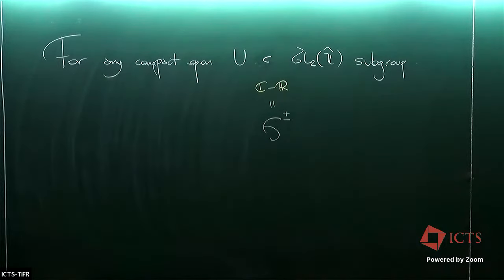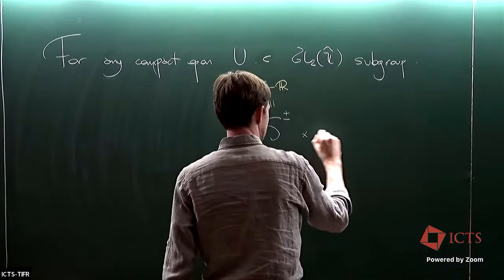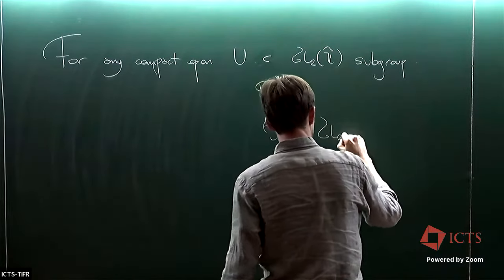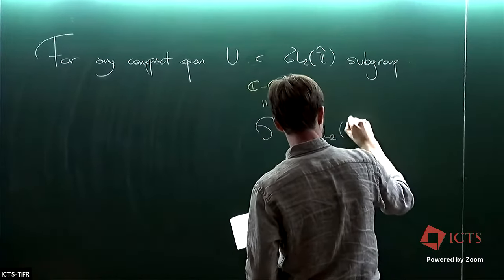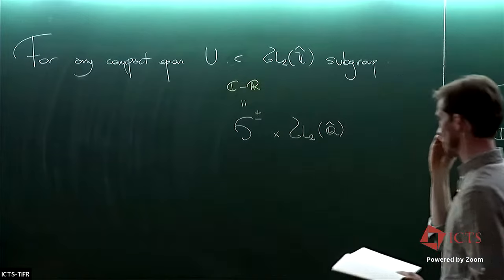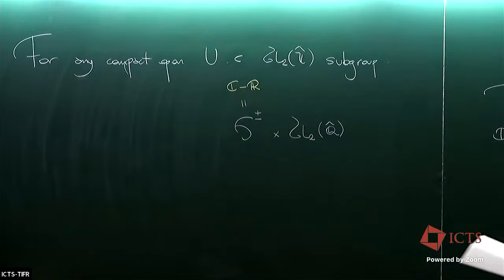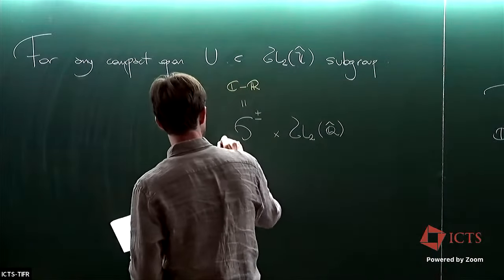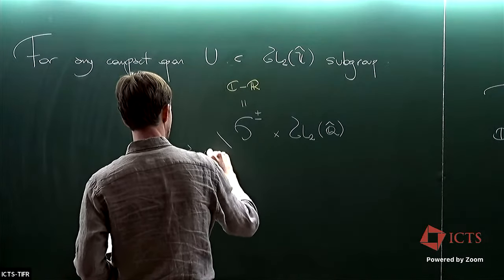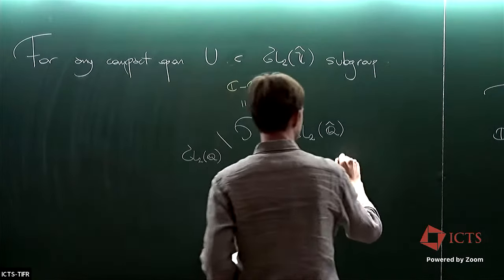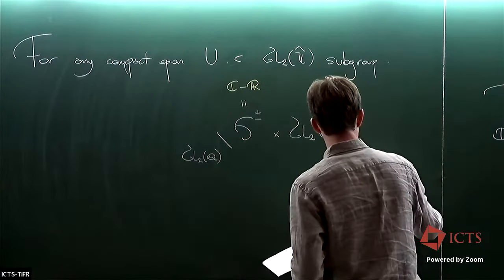I'm going to take the product of this with GL2 Q hat, a very large group of the finite adeles of Q. And on the left, I'm going to quotient out by GL2 Q, and on the right, by my compact open U.